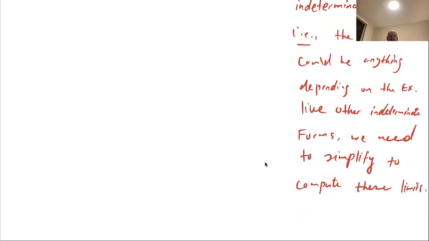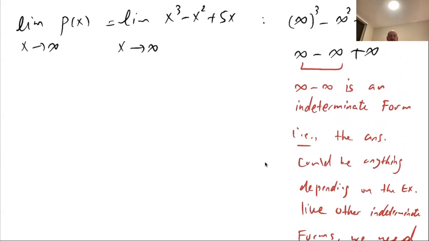Okay, so to compute infinity minus infinity, or any other indeterminate forms, we have to simplify. We know simplifying depends. We saw, for example, trigonometric functions. Simplifying means you have to connect it with the limit of sine x over x, etc. Now for the limit of a polynomial as x goes to infinity or minus infinity, simplifying means factorizing from the highest power of x.